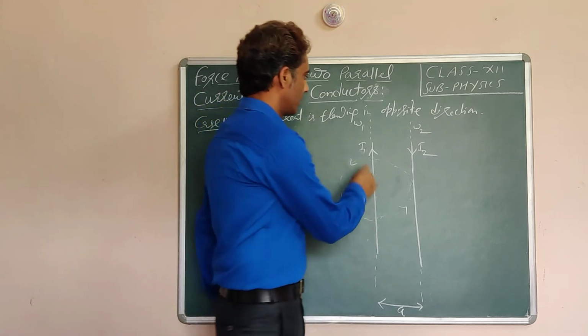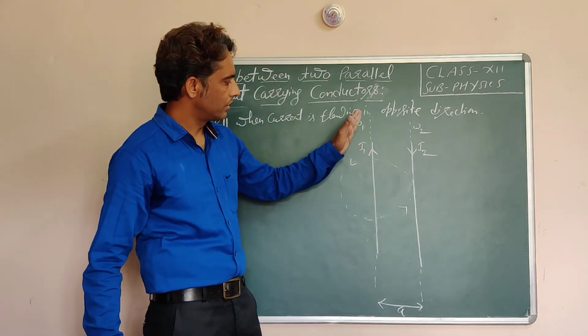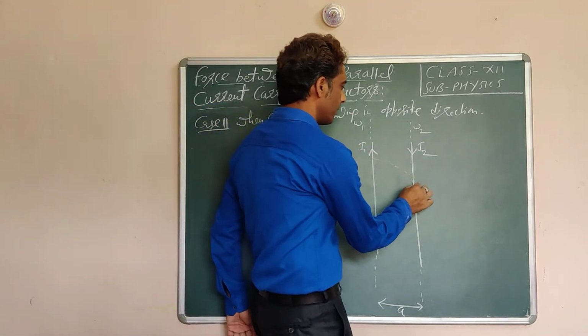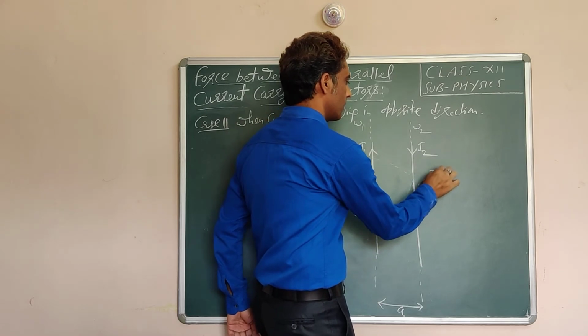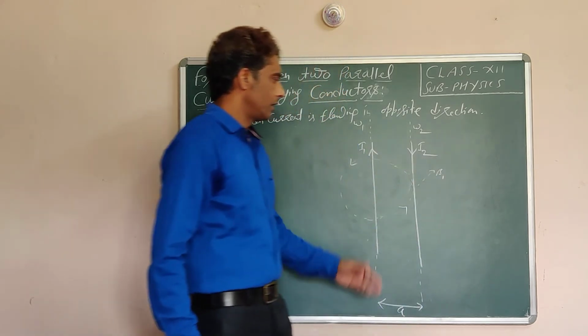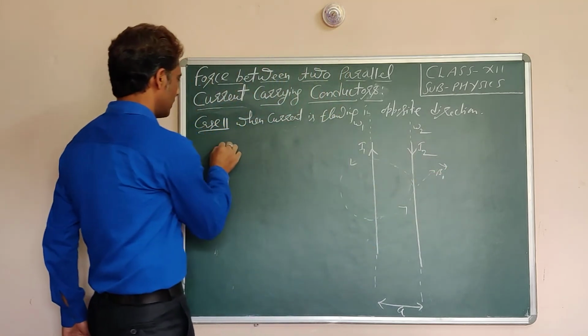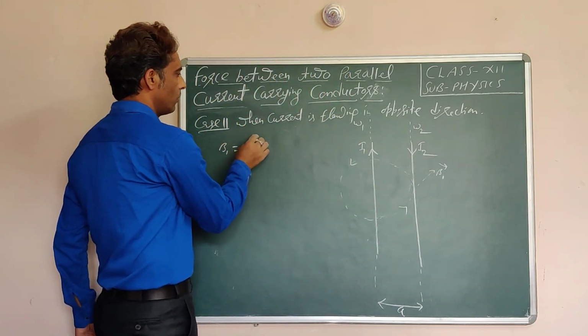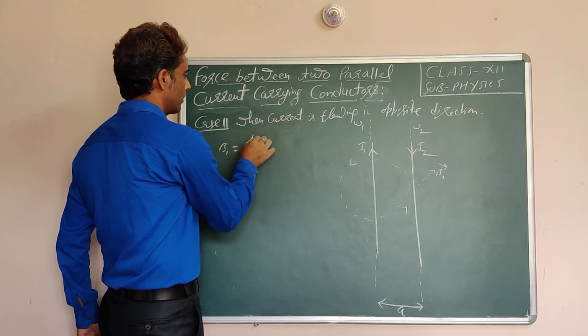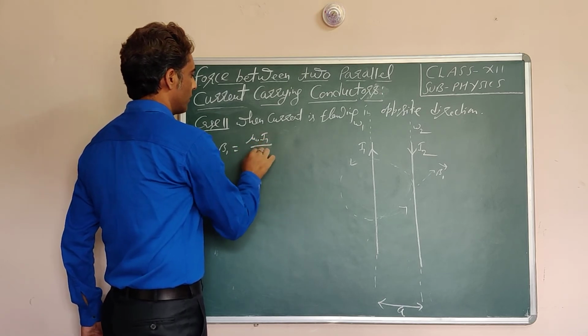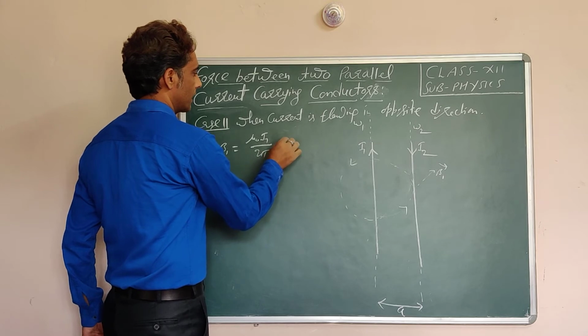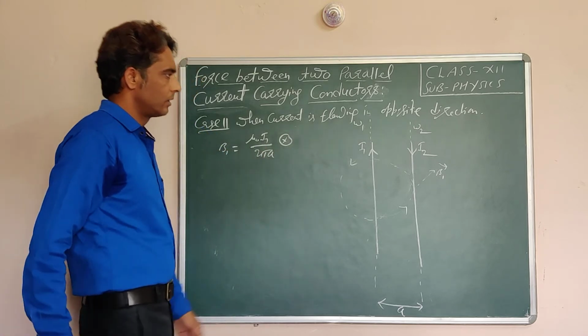So here the magnetic field due to this conductor, let it be B1. We have already discussed this B1 is equal to mu naught I1 over 2 pi a and directed inward.